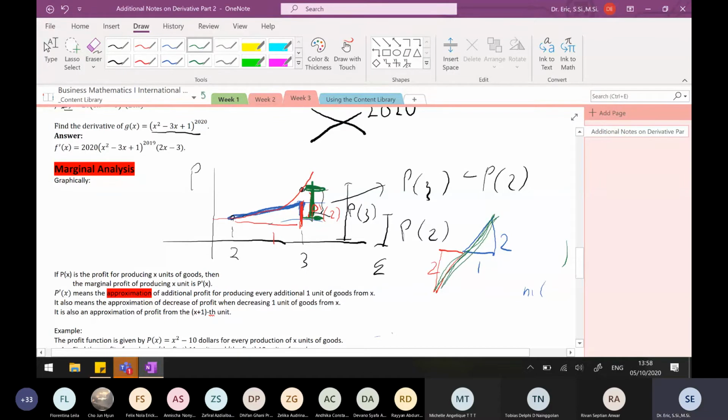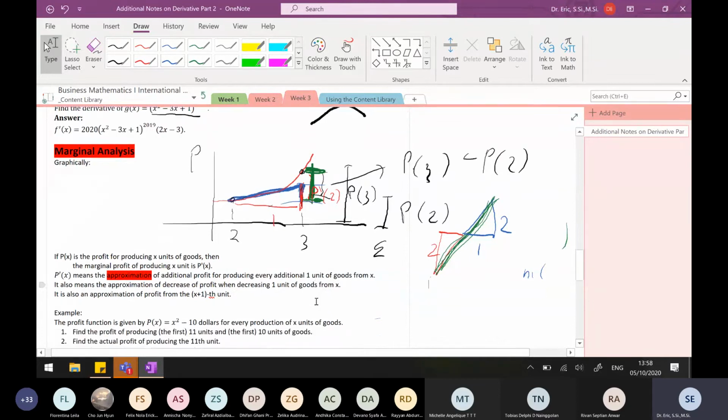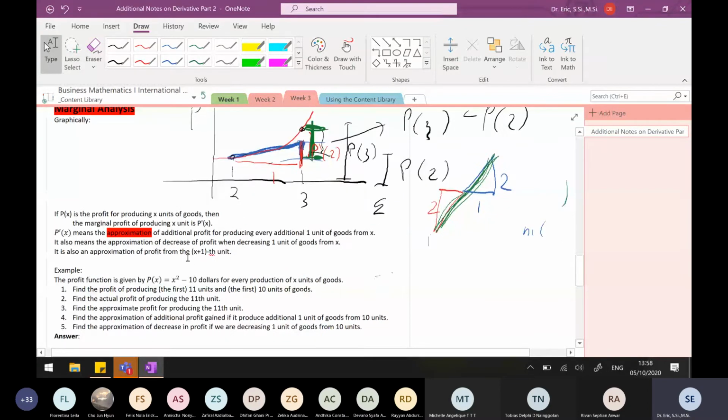If you increase, it will increase; if you decrease, it will decrease also, because this is just a slope. It means the approximation of the decrease of profit when decreasing 1 unit of goods from x. It is also an approximation of profit for the x plus 1 unit.